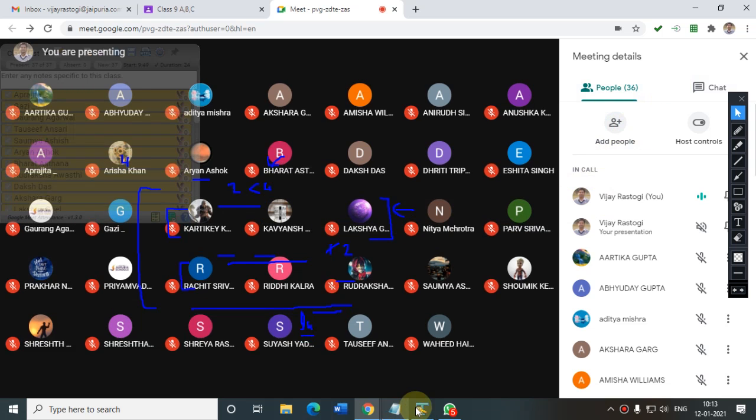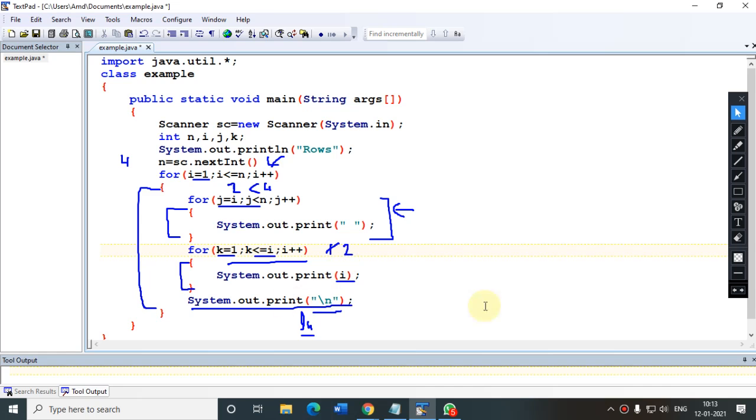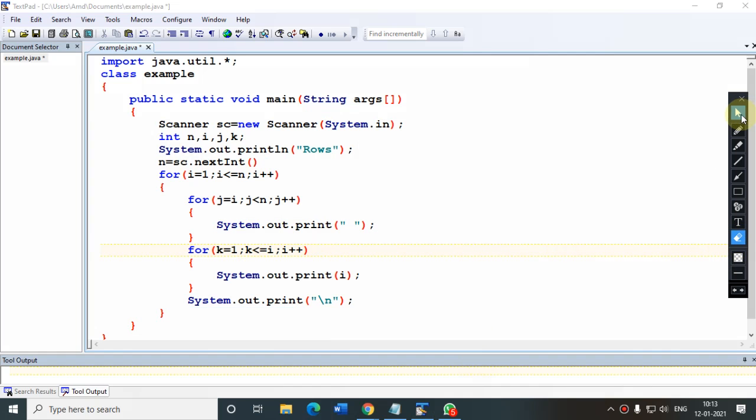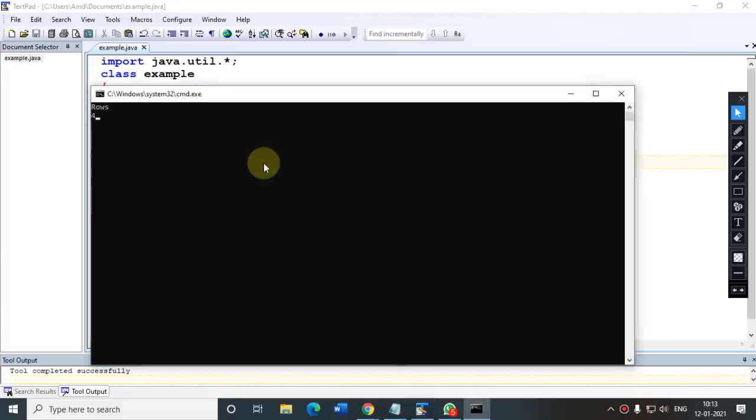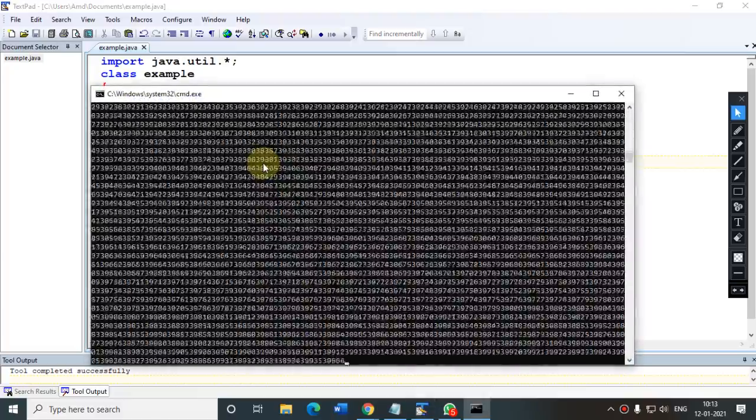Okay, so now let's move to the next question. Sorry, after this, let me show you the output, right? Tools completed successfully. No, there is a single error. The semicolon is missing here. Now see, the number of your loop. So there is a problem.